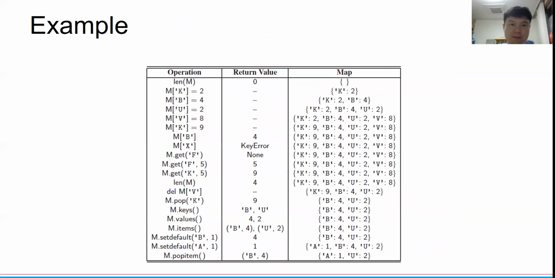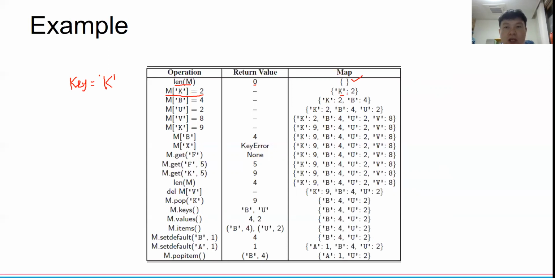So let's see with the example here. I have the first map. The first map is blank, and I want to know the length of the map. So the length of the map is 0, and then I would like to put in one statement, which is m[k]. I want to assign the key k, and because I know the key is k, I want to put the value 2 into key k.